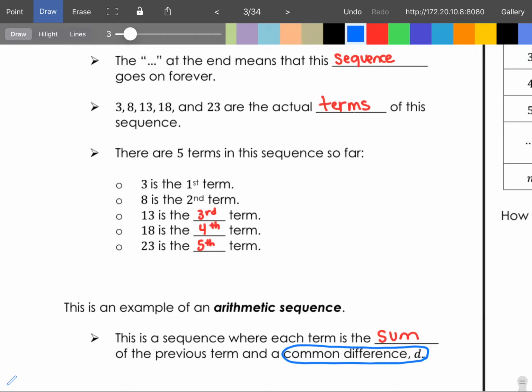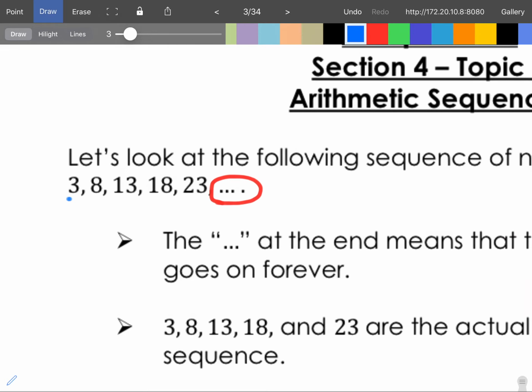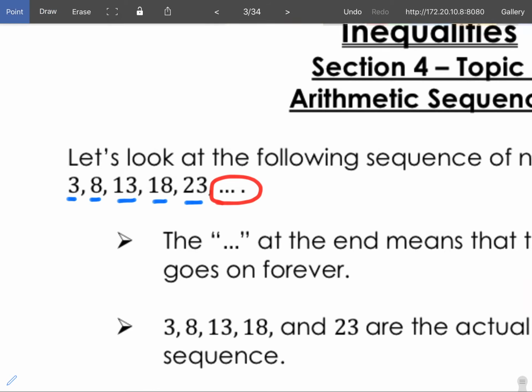If I look from my 3 to my 8 and my 8 to my 13, we have a common difference. We are adding 5 each time. So the common difference here would be 5.